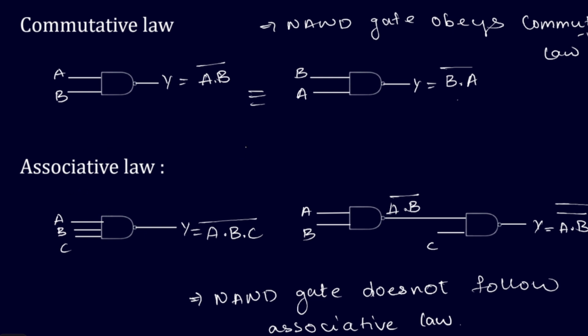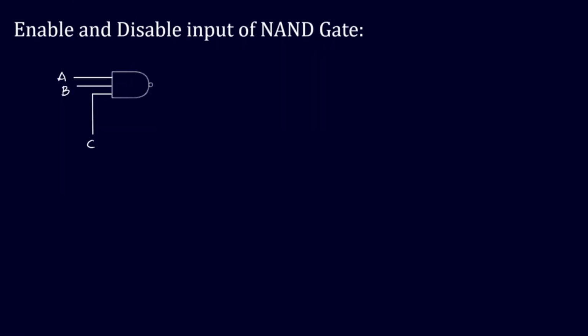They will give a condition on universal gates and ask whether they follow commutative and associative laws. If the option says universal gates follow only commutative law and do not follow associative law, then you need to choose that option.